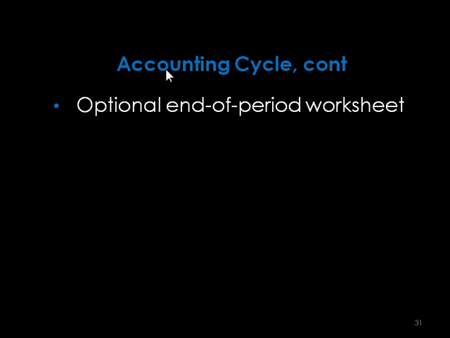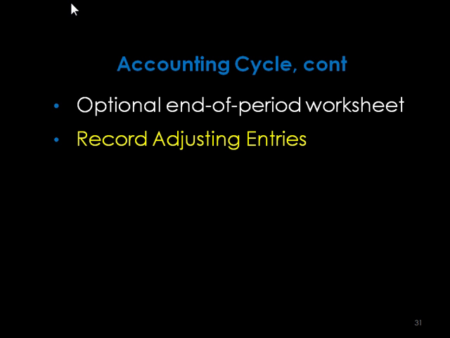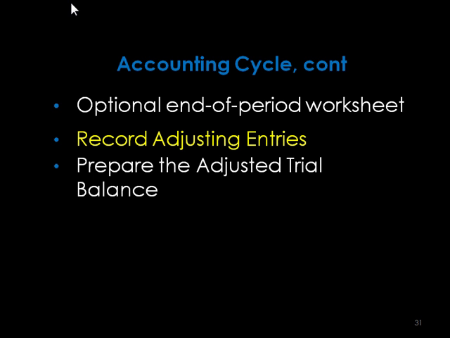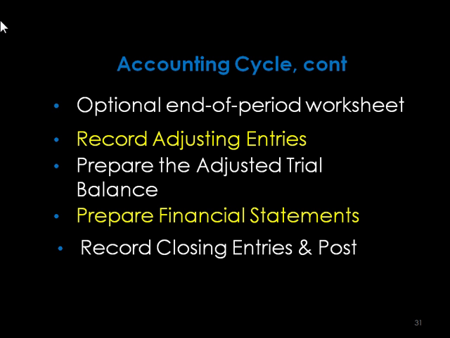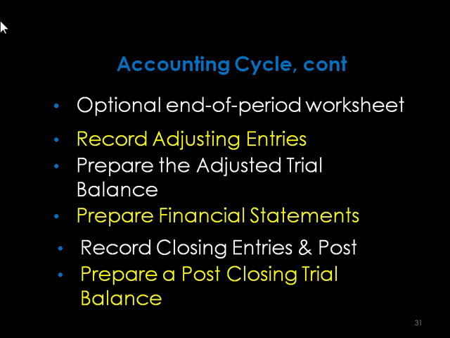Then there is an optional end of period worksheet. Then you record your adjusting entries. Prepare the adjusted trial balance. So that's where we are right now. Then you prepare your financial statements, and then you record your closing entries and prepare a post-closing trial balance. So that's all of your steps in your accounting cycle.